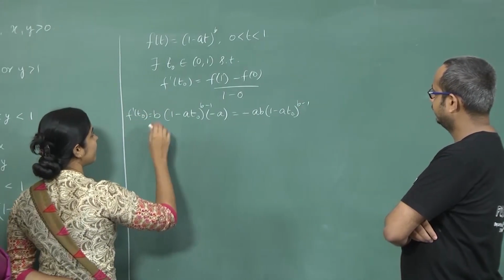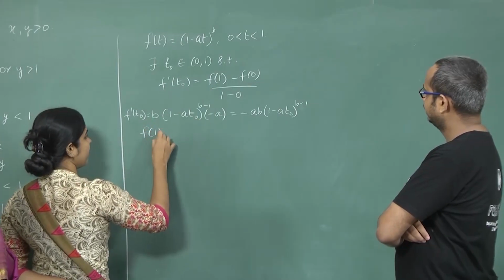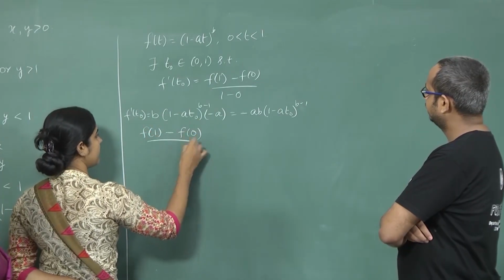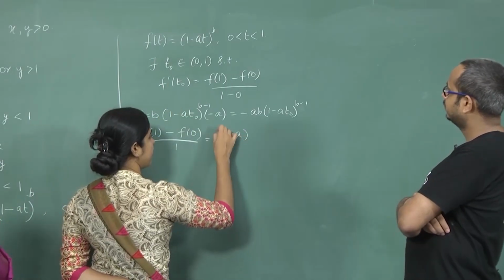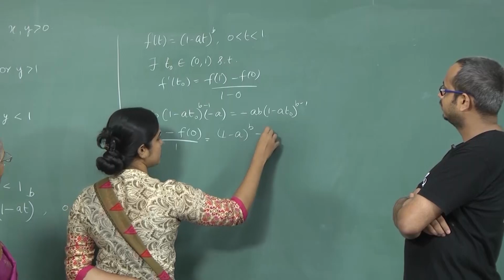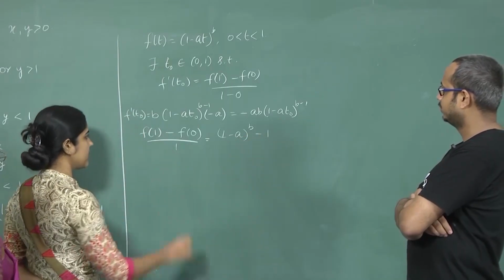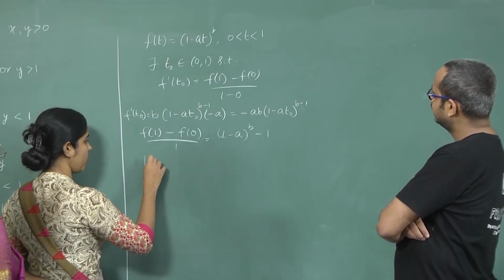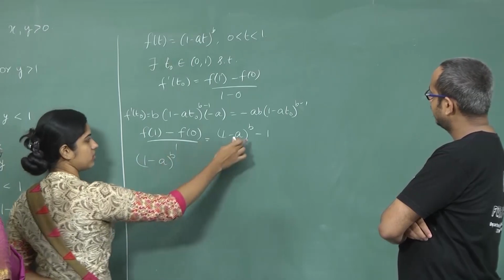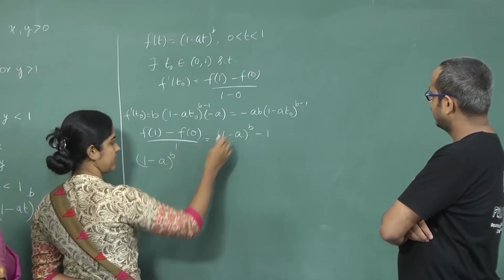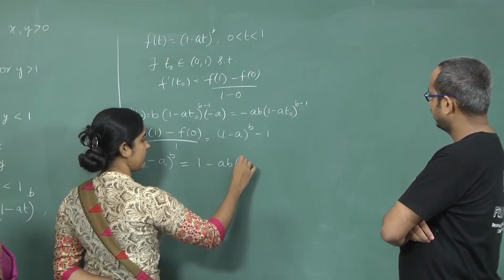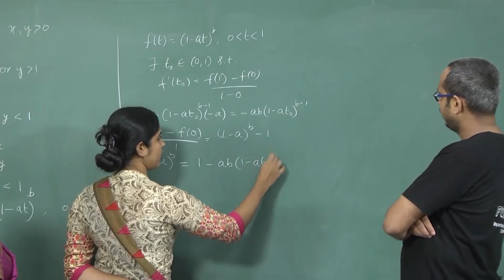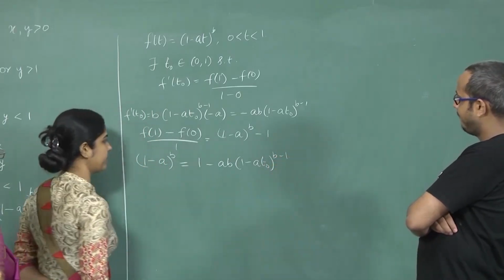And f of 1 minus f of 0 by 1: f of 1 is 1 minus a power b, and f of 0 is 1, divided by 1. So I have 1 minus a power b. Both are equal, so 1 minus a power b is equal to 1 minus ab into 1 minus a t naught power b minus 1.